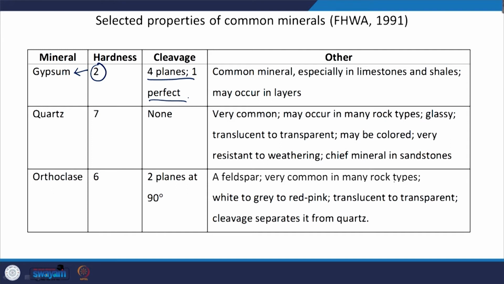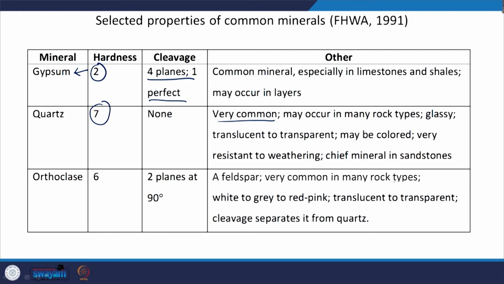The next one is quartz, and you can see that the hardness level is much higher than that of the gypsum, and no cleavage planes were obtained. This is a very common mineral. It may occur in many rock types. It has a glassy appearance and is translucent to transparent.